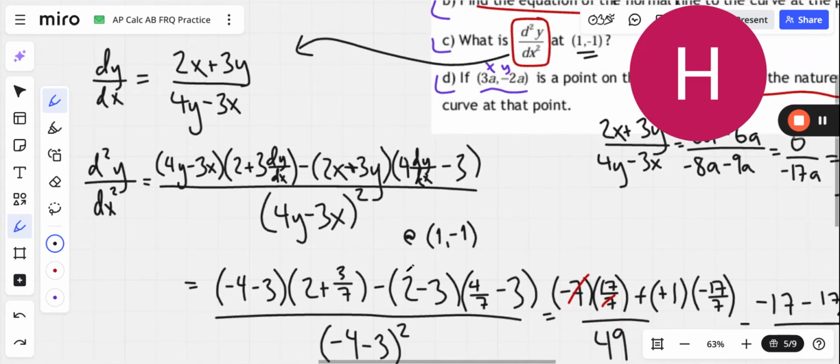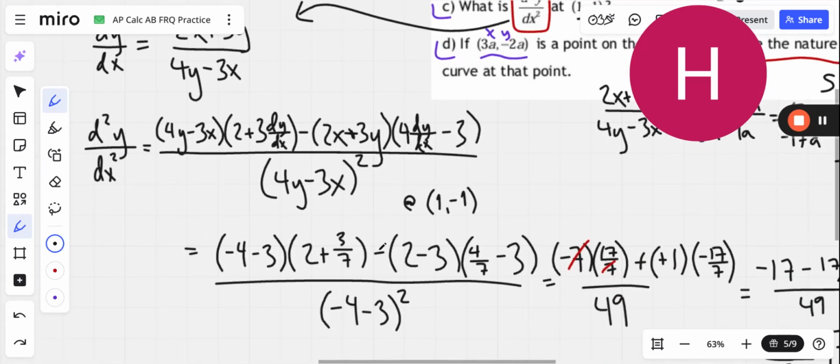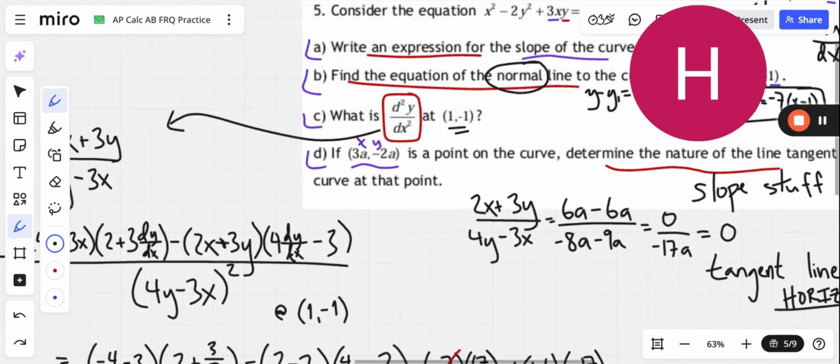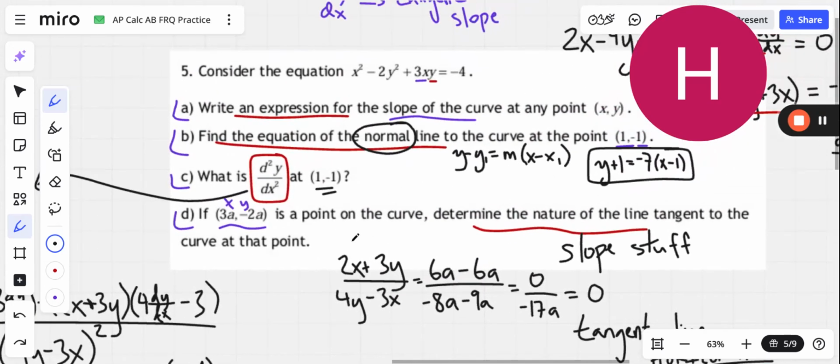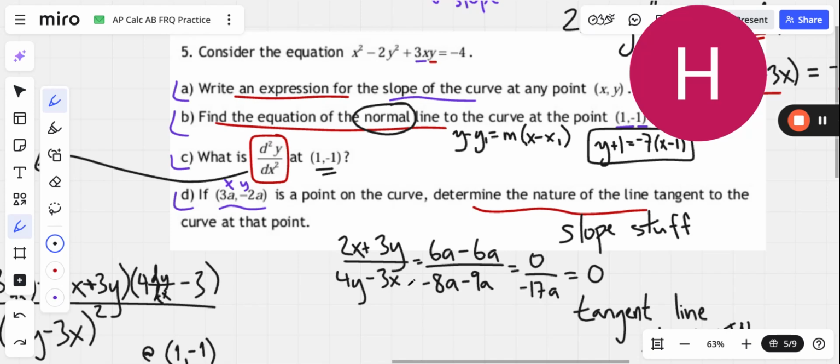There were some, I guess, slightly tougher fractions to deal with. Then lastly, we have a very conceptual, abstract question where if we plug in these theoretical values, which have variables themselves, what can we say about the tangent? Well, that requires us to look at the slope carefully and see what's happening with the value of the slope.